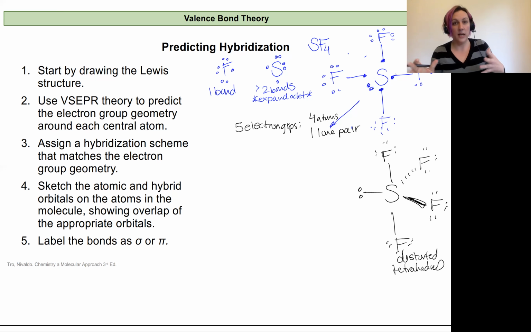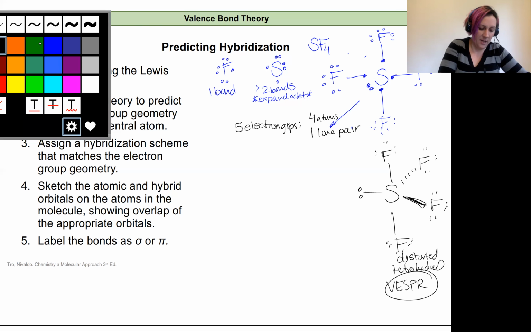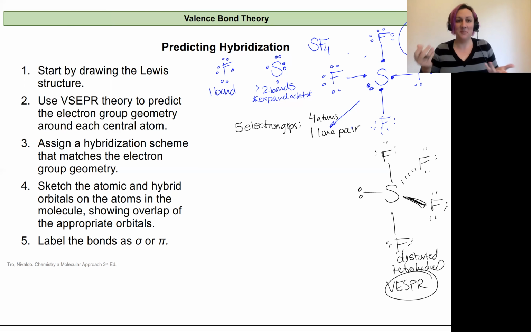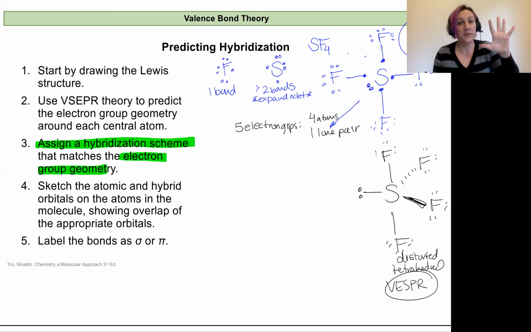Okay, so now I have my VSEPR theory picture, and I've looked already at my Lewis theory. Now to layer on my valence bond theory. At this point, what I'm going to do is try to assign a hybridization scheme, and it's going to need to match the electron group geometry. So I have 1, 2, 3, 4, 5 electron groups around this sulfur, evenly spaced apart.